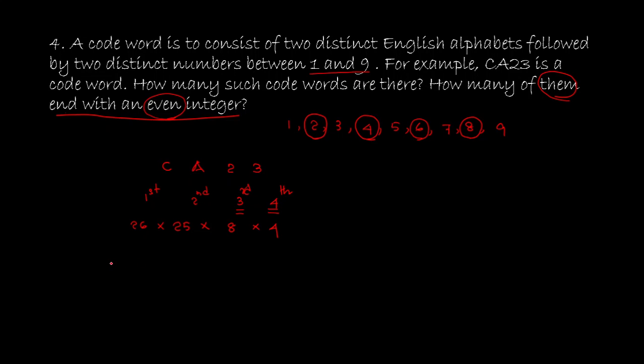So the number of such codes equals 26 multiplied by 25 multiplied by 8 multiplied by 4, equal 20,800 ways.